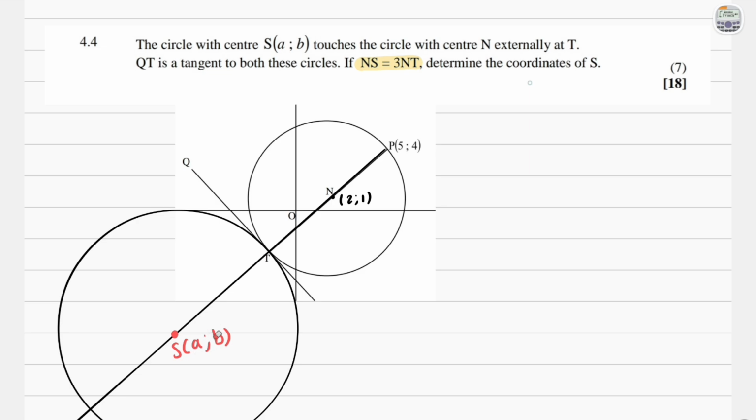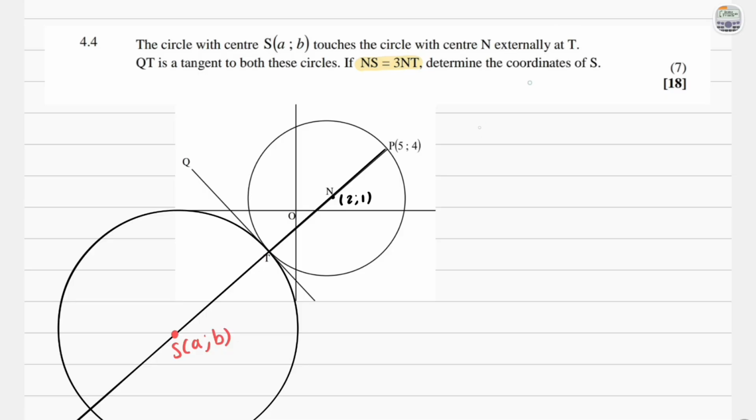Okay, it's like having (a, a). You're just solving for a, okay? If we don't do it like that, you're going to need a simultaneous equation because you're finding 2 different variables. So you'll need 2 pieces of information, which will then create a simultaneous equation. So I'm trying to avoid that.